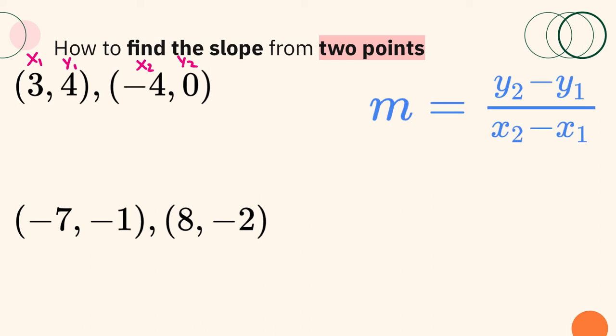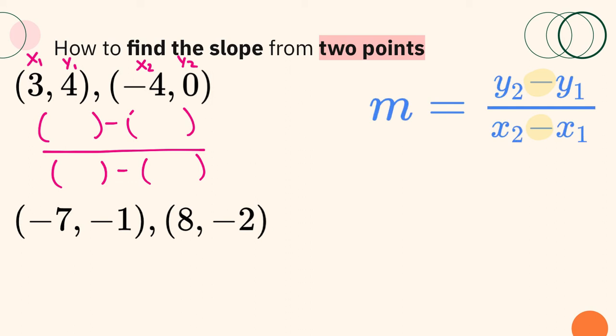Then I'm going to take my formula, and I like to write it with parentheses in place of the numbers, because notice that this formula has this subtraction sign in the middle. It's very easy to confuse the subtraction sign with the negative sign that we might find in front of our numbers. So that can just help us keep things straight.